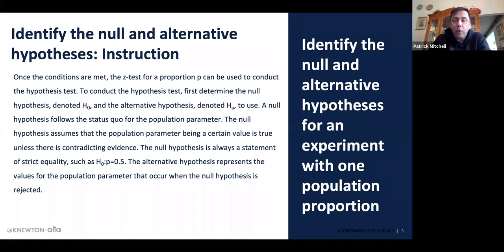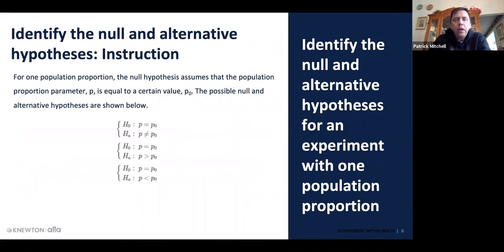So just like before, the symbol in the alternative hypothesis can be less than, greater than, or does not equal. For one population proportion, the null hypothesis assumes that the population proportion parameter P is equal to a certain value, P sub 0.